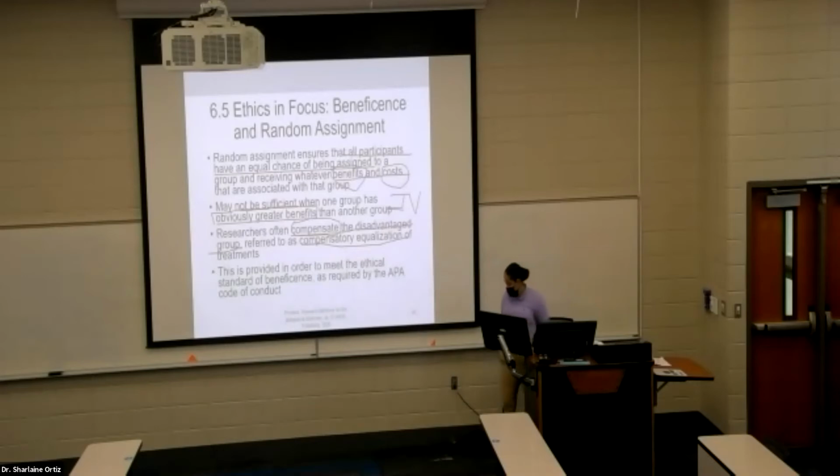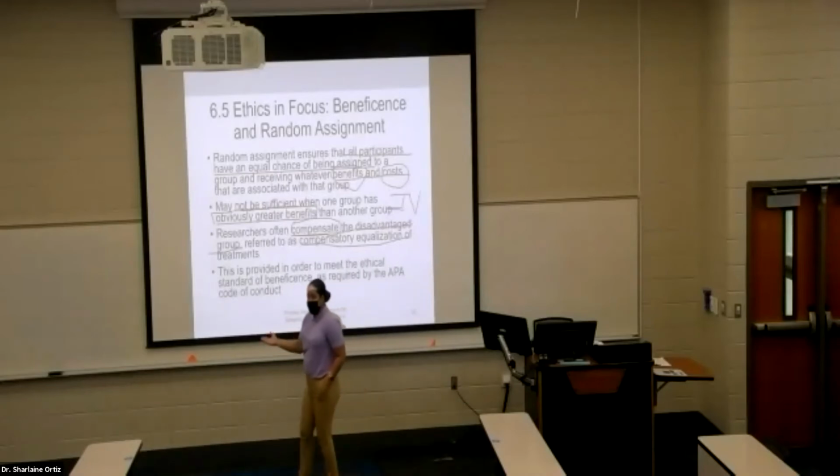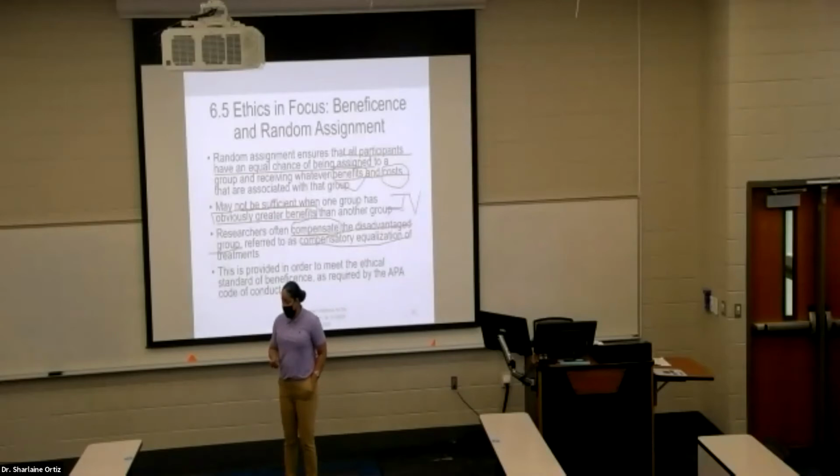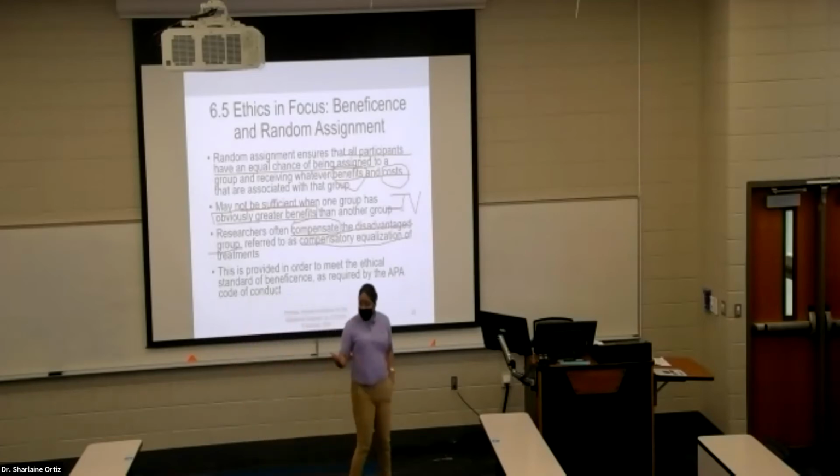For instance, I can say, Peter is going to receive this brand new treatment that we are developing. So for example, let's say medication. So Peter is going to be exposed to this new medication, benefits and costs of this medication. But then with other groups, we can later explain, you're going to be provided with, say for example, an older method.